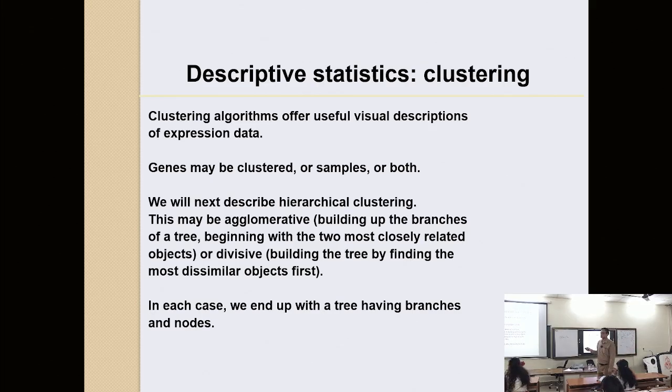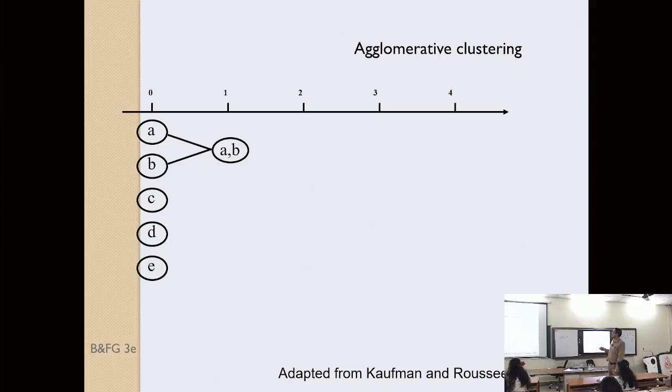Let's look at descriptive statistics, which is basically clustering. Clustering is grouping of objects. This is something we already discussed, UPGMA. If there are 5 objects, you can group them.